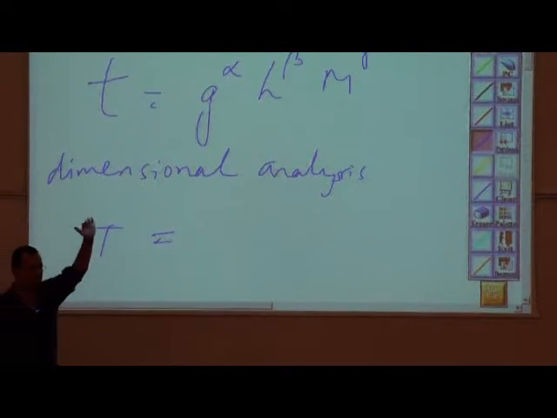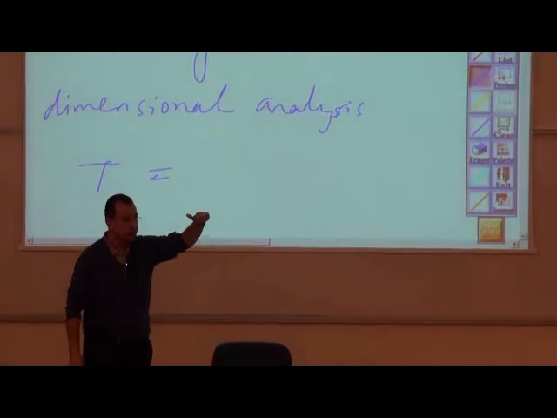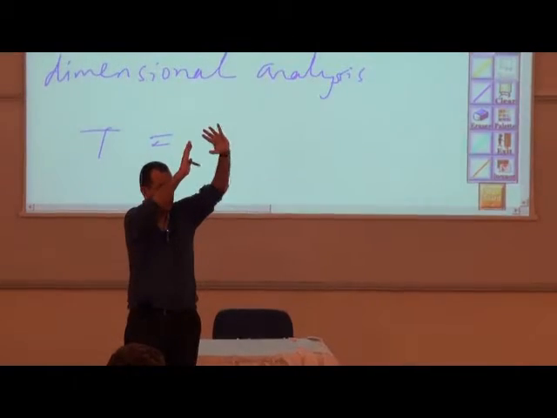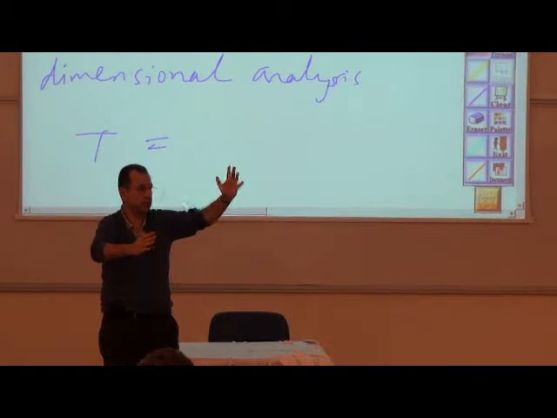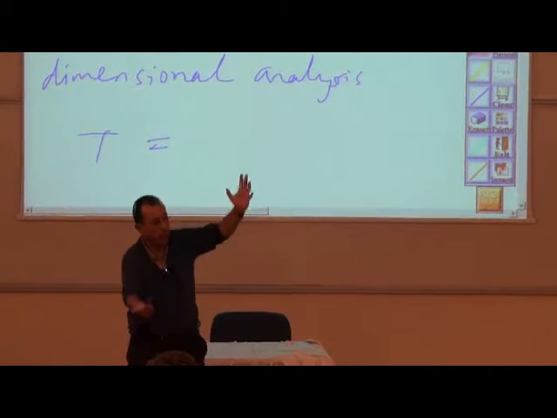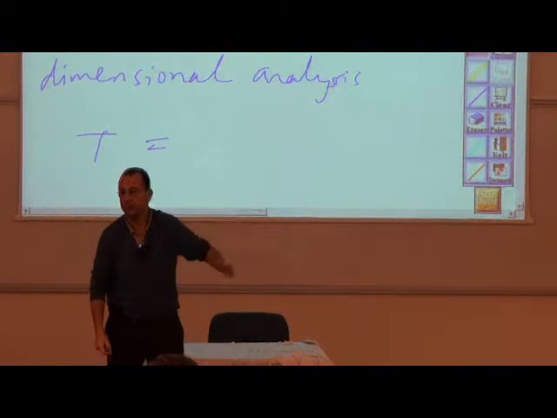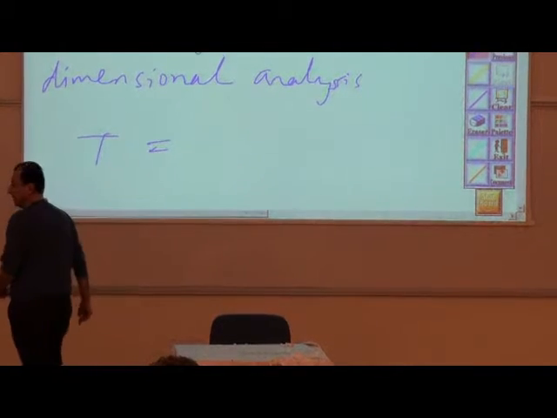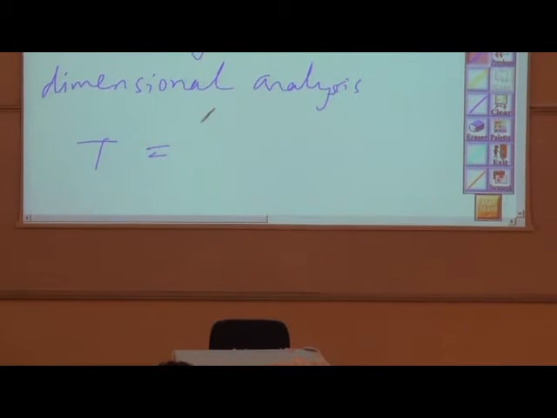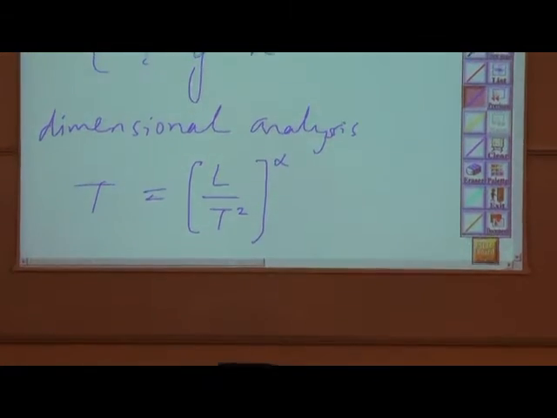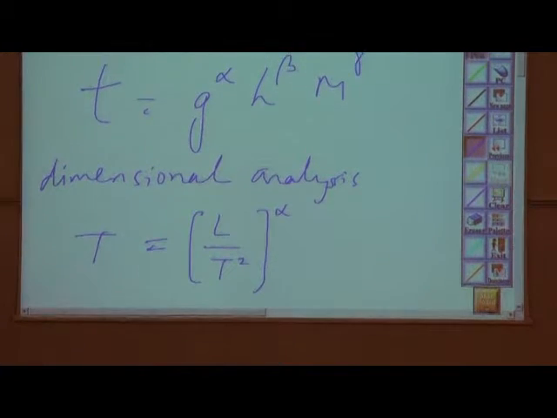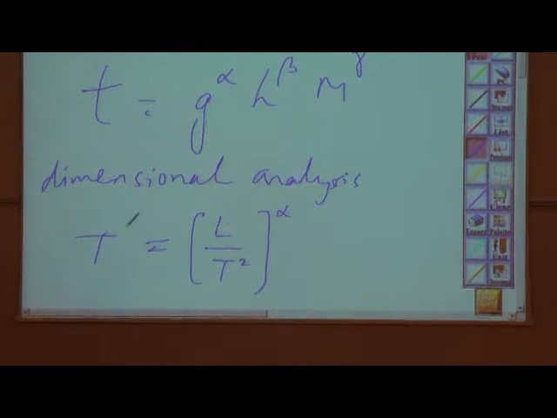Velocity is length over time. Acceleration is length over time, over time again, right? Because how much does the velocity change per second? Is this clear? So I put here L over T squared to the power alpha.